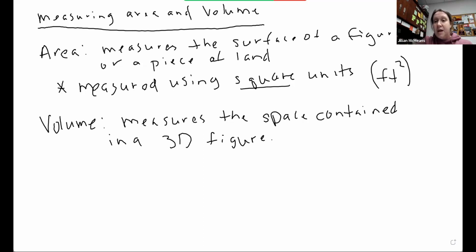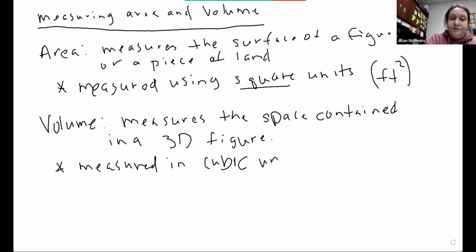So what we do instead is imagine a cube, a little cube that measures an inch on all sides. That is what we would use to measure volume. So volume is measured in cubic units.